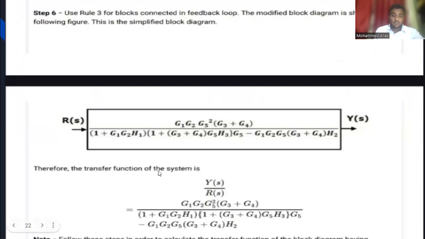Therefore, the transfer function of the system, Y(s) by R(s), is equal to G1 G2 G5 into G3 plus G4 divided by 1 plus G1 G2 H1 into 1 plus G3 plus G4 into G5 into H3, minus G1 G2 G5 into G3 plus G4. When you solve this, you will find the reduced transfer function.